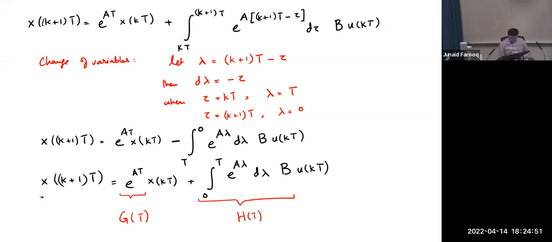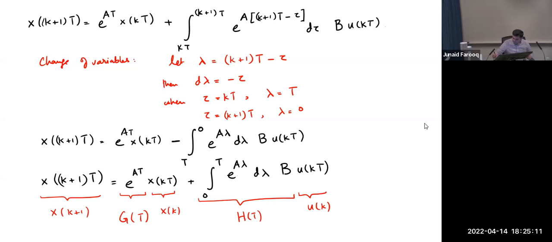So this is like saying x(k+1) equals G times x(k) plus H times u(k). So we've got the conversion now.